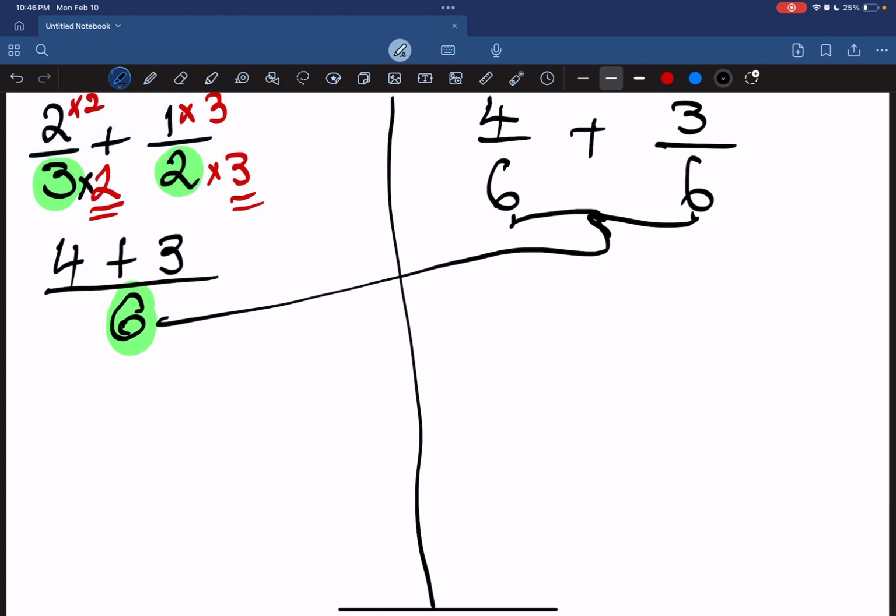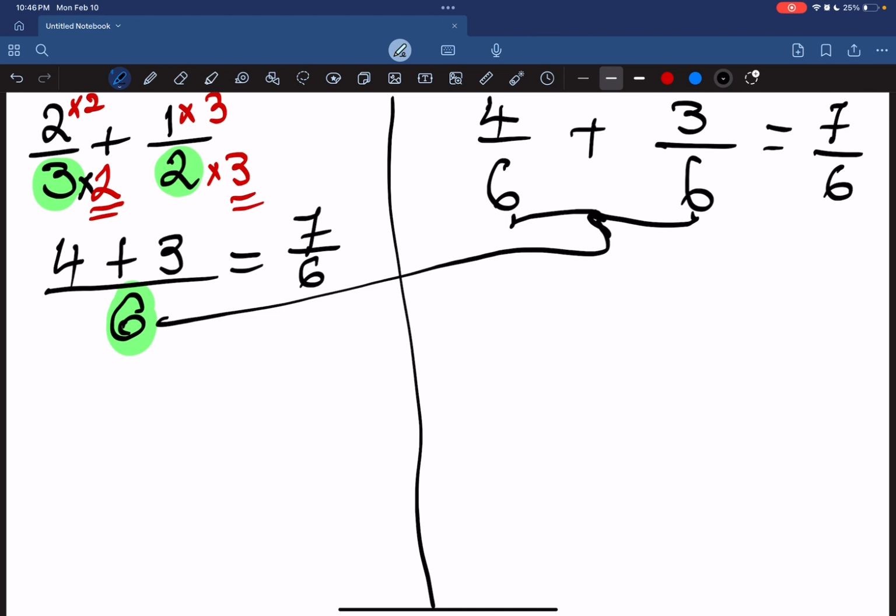If we're adding these, the denominator comes back, because they have a common denominator like the previous ones. Then 4 plus 3 is going to give us 7. The same thing over here: the denominators are the same, 6 comes back, and 4 plus 3 gives us 7.